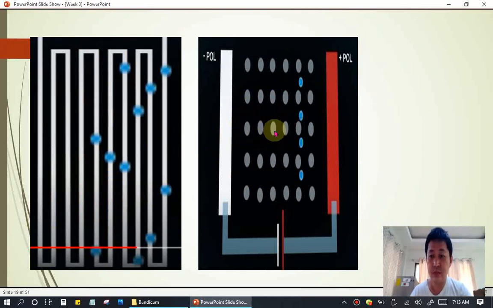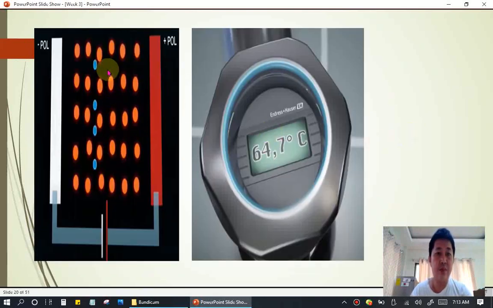Now it's red, so the sensor is heated, so it sends signals through your transmitter and your controller, and the reading is converted into temperature here, because it detects the temperature where the sensor is mounted.